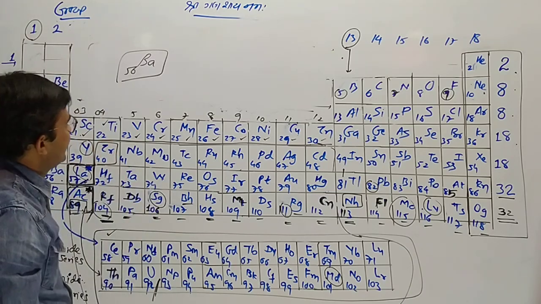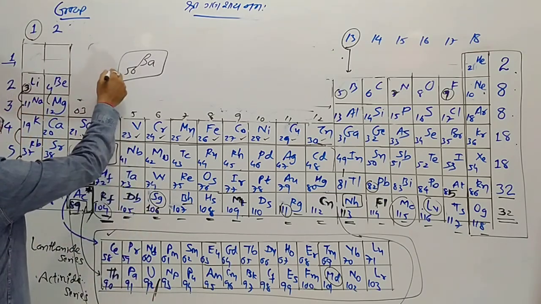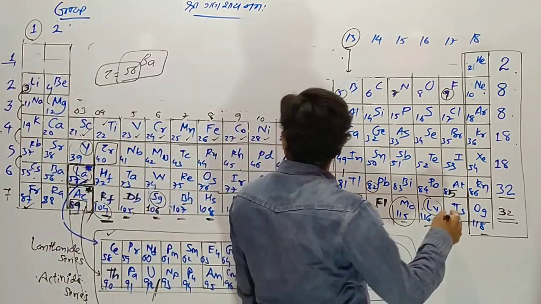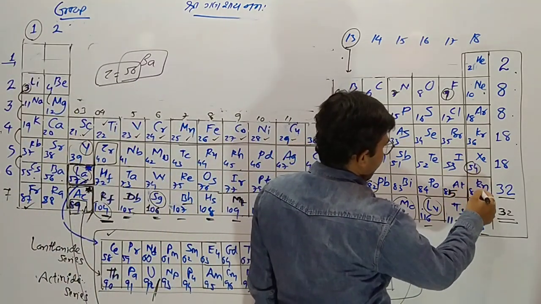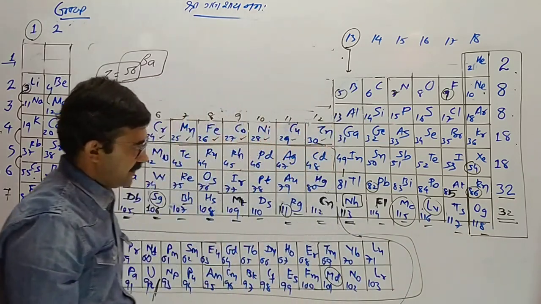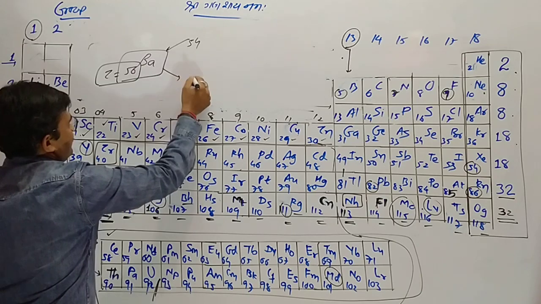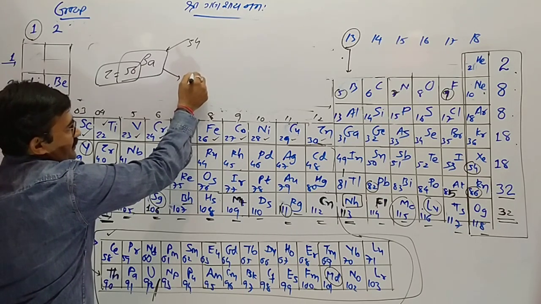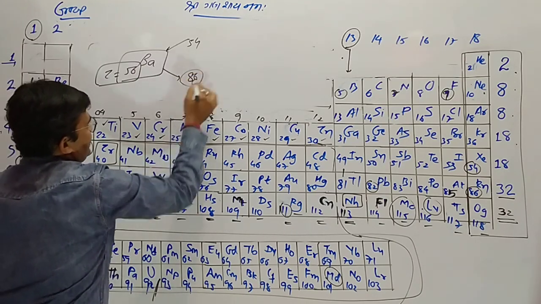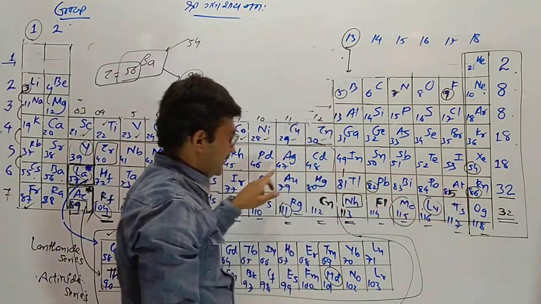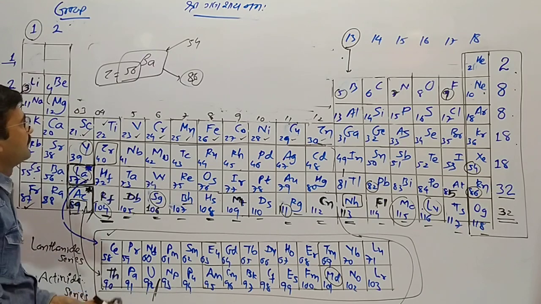So the atomic number of barium is 56, which is after 54 and before 86, radon. So it comes in period number 6.